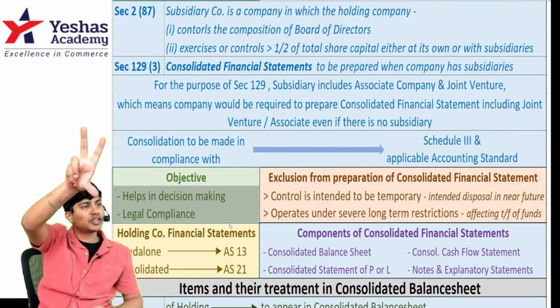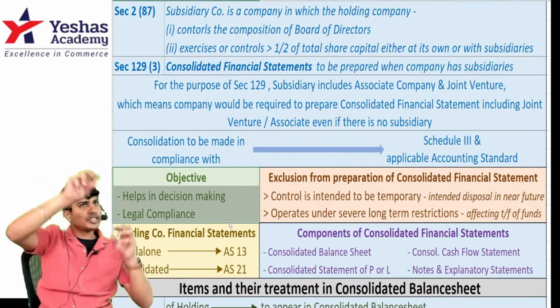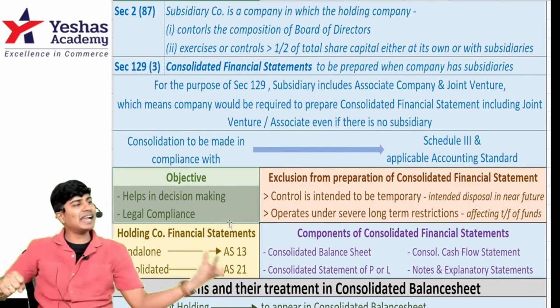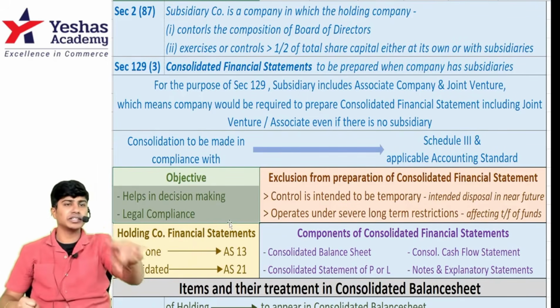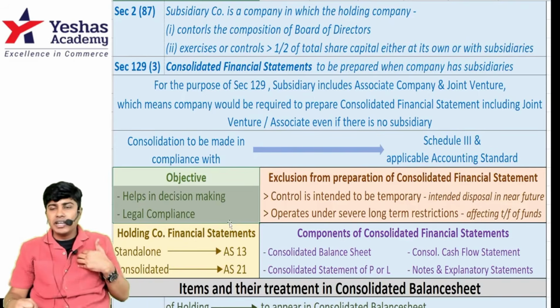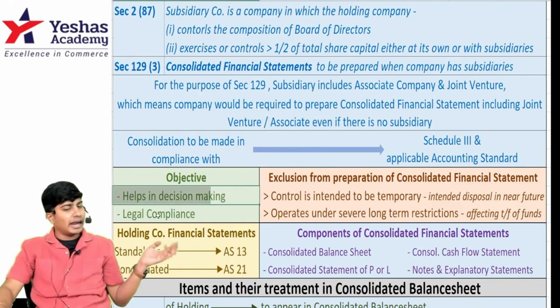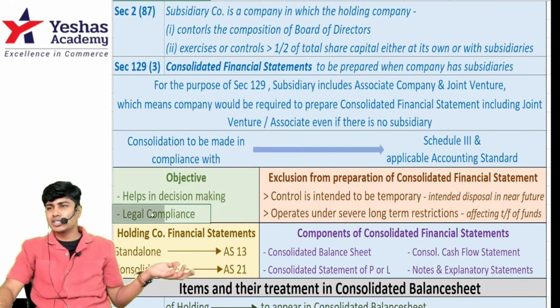That is investment in several assets. I want to know the full assets of the subsidiary that I own. So instead of writing investment in subsidiary, I write all the assets of the subsidiary by adding the balance sheet of the subsidiary into the holding's balance sheet. That's the point, which will help me take better decisions. So decision making becomes important, and complying with the law. Understood?